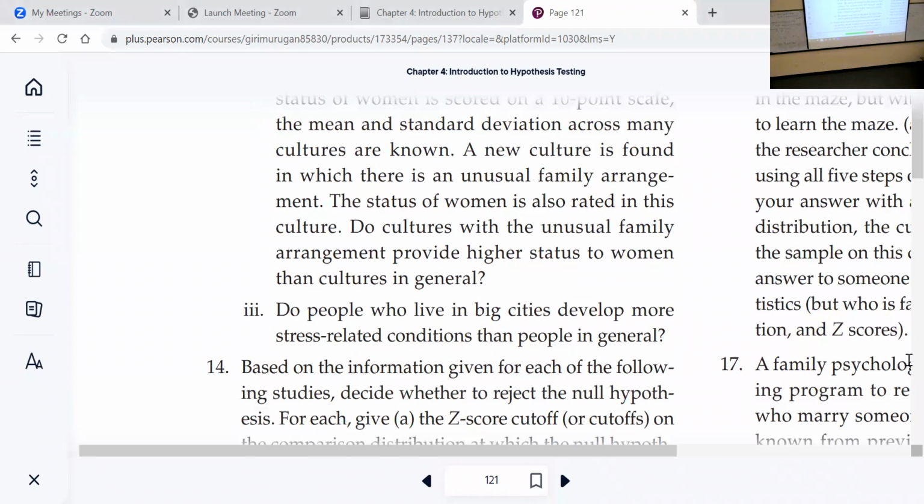So do people who live in big cities develop more stress-related conditions than people in general? A very simple statement. That is your research question. So first thing to ask is, do we have 2 populations?